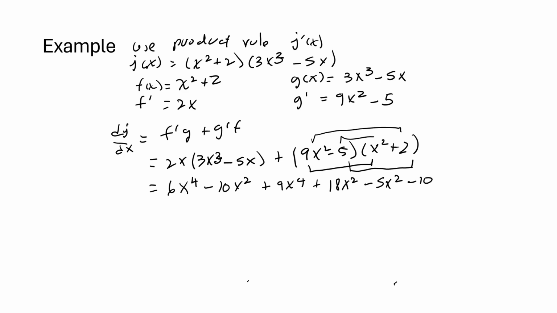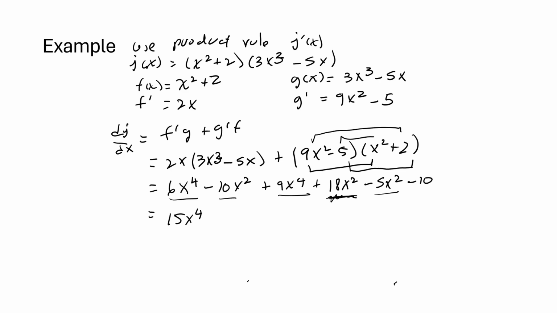Okay, so let's combine terms now. So our x to the 4th, we've got that term. We're combining like terms. Oops, that's not it. That. So it's 15x to the 4th. Now we don't have any cubic terms, so let's combine the x squared terms, so it's that and that. Let's see if we've got any other x squared. Here's one right here.